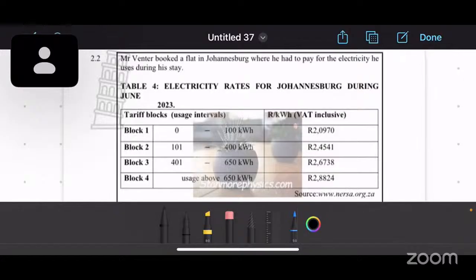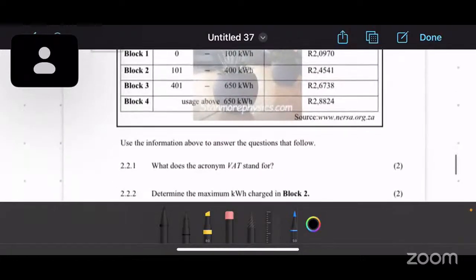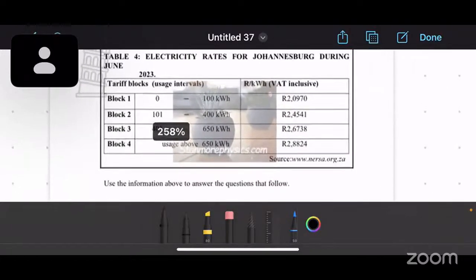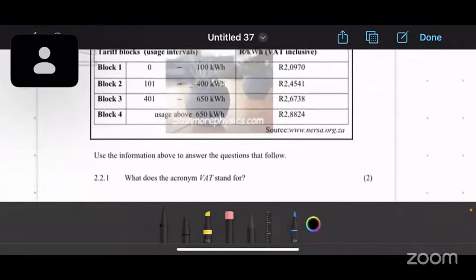They charge per kilowatt, and usage of 401 to 650 kilowatt hours is 2 rands 67 cents. For usage above 650 kilowatt hours, it is charged at 2 rands 80 cents per kilowatt used.